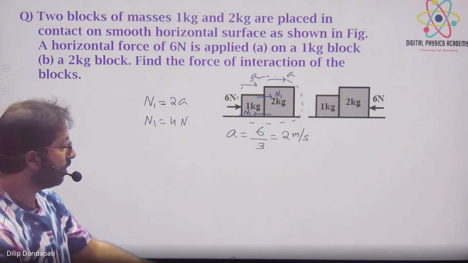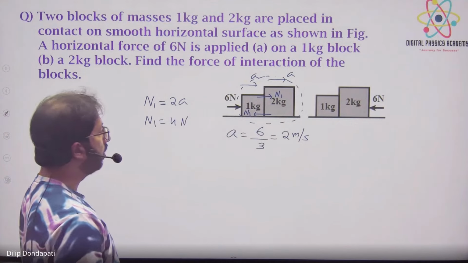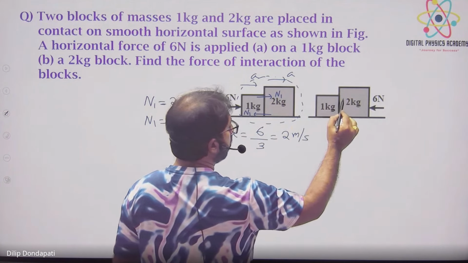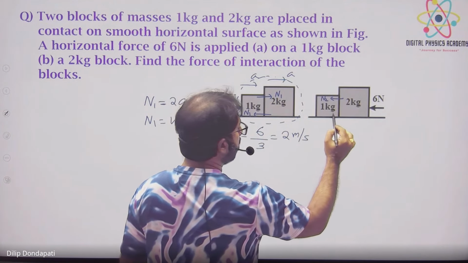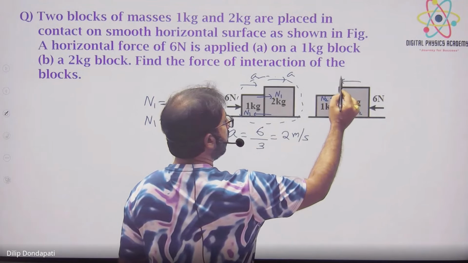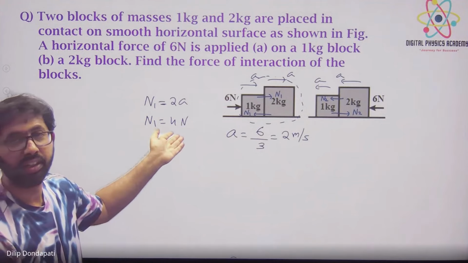Okay. Now for the second one, find करो. So this is applying a force on this, N2, and at the same instant this is also applying a force on this, N2. So first, acceleration कितना? The first one's normal reaction is 4, right?